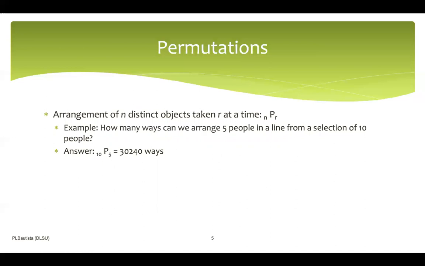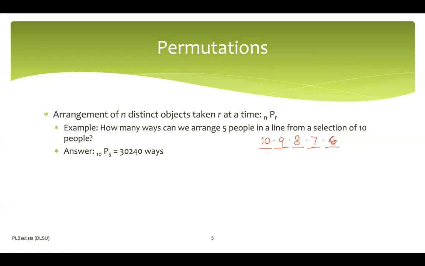Okay, so if you think about it in terms of the fundamental principle of counting, you will just have 5 spots in line. For the first spot, you have 10 people to choose from. For the second spot, you have 9 people to choose from. For the third spot, you have 8 people to choose from, and so on until 6. Right? And you multiply each of these, and this will be the answer.